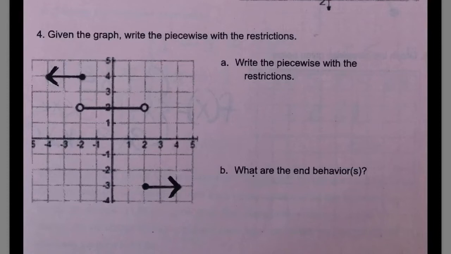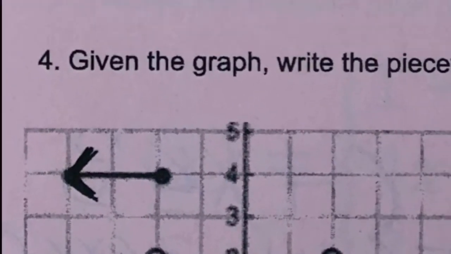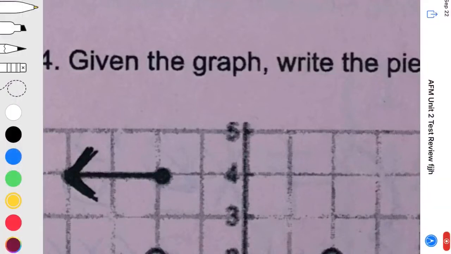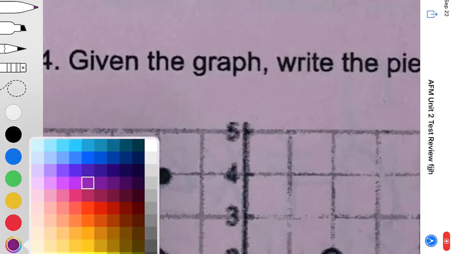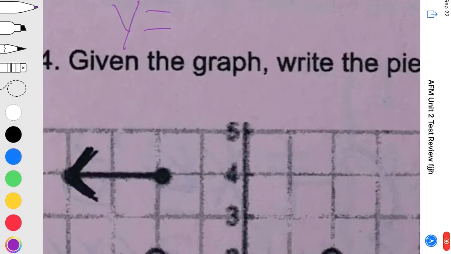Number 4 tells us to write the piecewise with the restrictions. So we're first going to write the equation separately, and then we're going to put it all together for a piecewise. For our horizontal lines, it's going to give us y equals some kind of number.